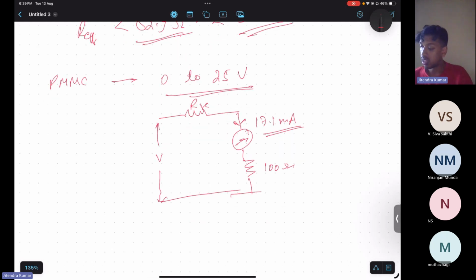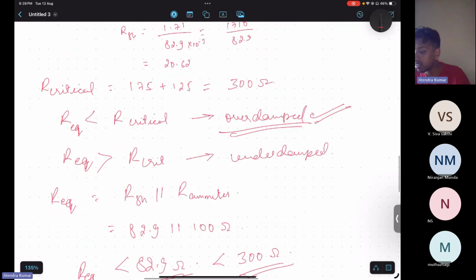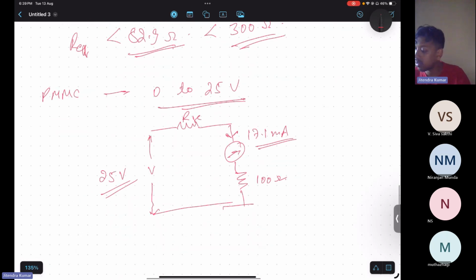So now the total voltage would be 25 volt, isn't it? Earlier, how much was it? Without connecting any series resistance, earlier this voltage was 17.1 milliampere into 100 ohm, so it is nothing but 1.71 volt.